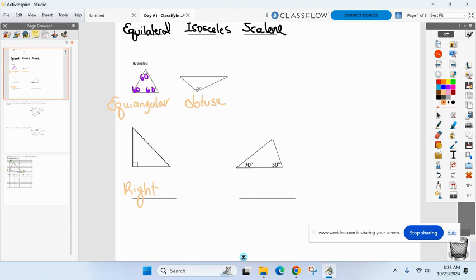So how many degrees are left over for the third? 80. I didn't need to know that. But if all 3 angles are less than 90, acute. This is an acute triangle. So these are the 4 different ways we can name a triangle based on its angles.